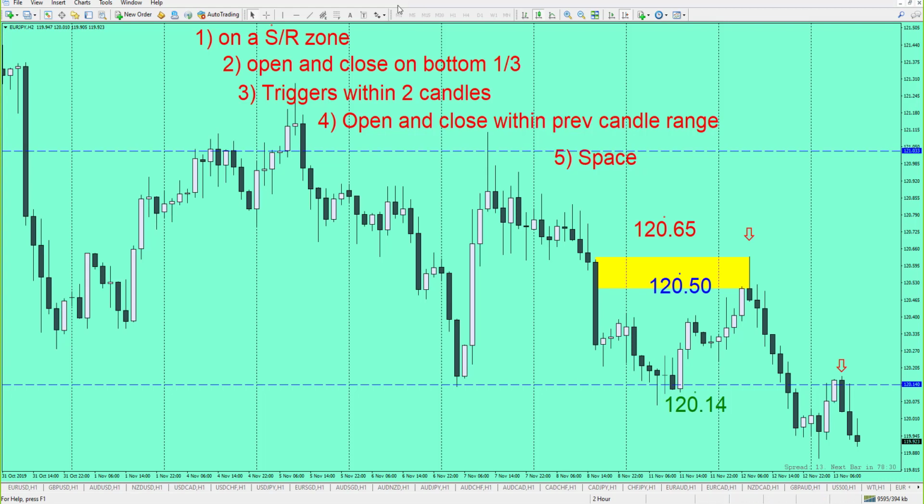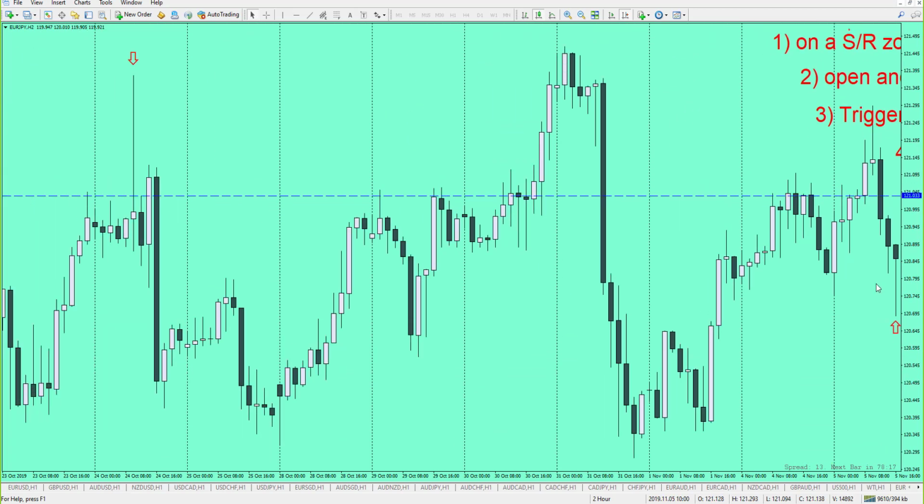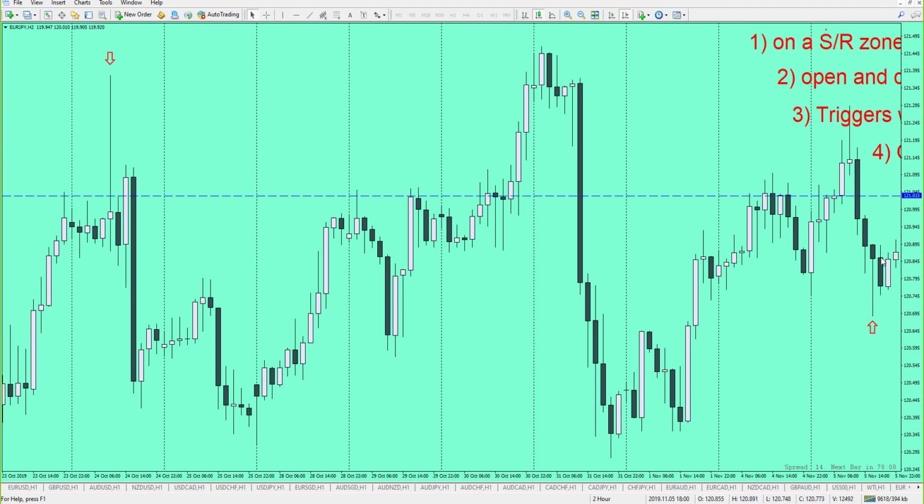Here's an example right here. This is an interesting one. I didn't see this one before. Do you see this one right here? This is a bullish kangaroo tail. Almost looks like a double bottom when you look at support here, support there, and then this. If you're looking at this from this point of view, you'd be thinking, yeah, let's go. The market's been making some strong moves up. Maybe this is just a pullback. Yeah, let's do it. And then interestingly enough, over the next 2 candles, it doesn't trigger.